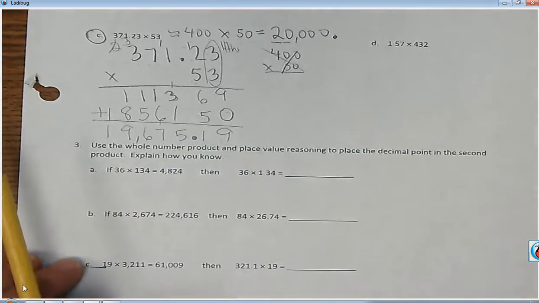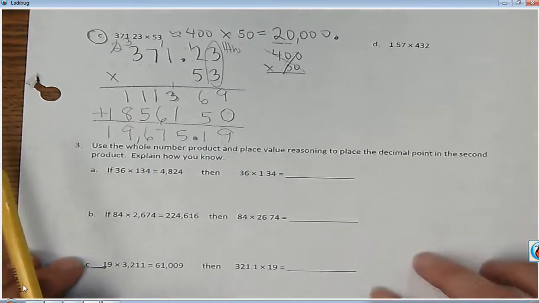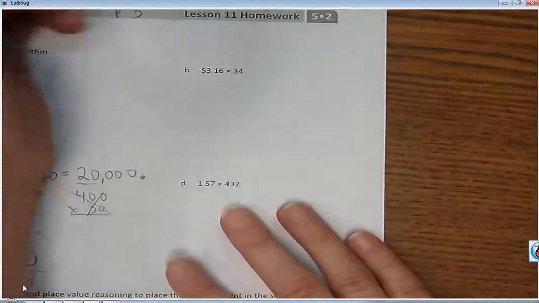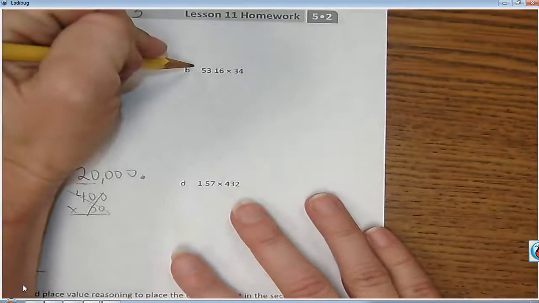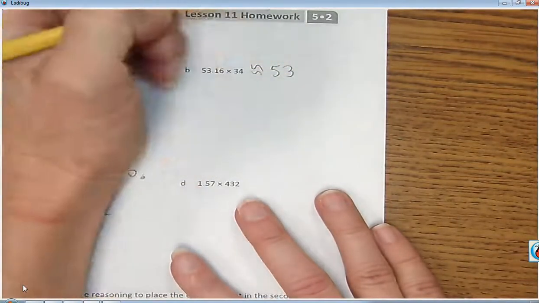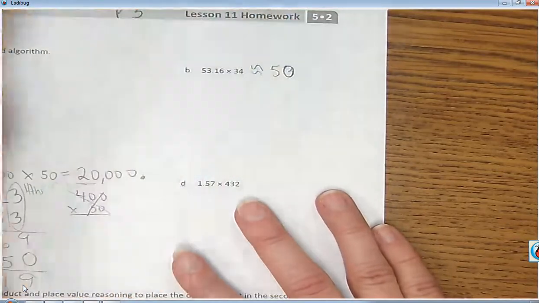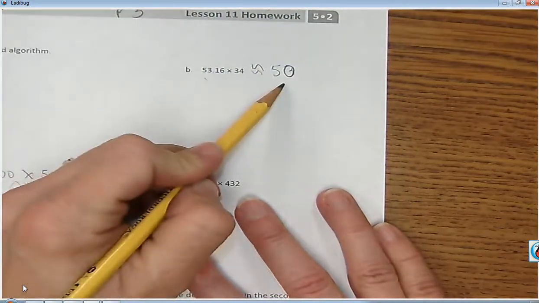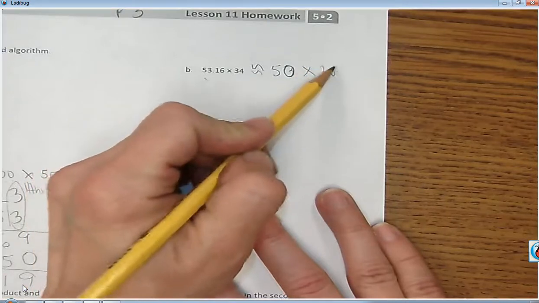Okay, so let's go ahead and let's do another one on here. So let's go ahead and do B. So first let's estimate 53 and 16 hundredths is about 53, or about 50, times about 30.